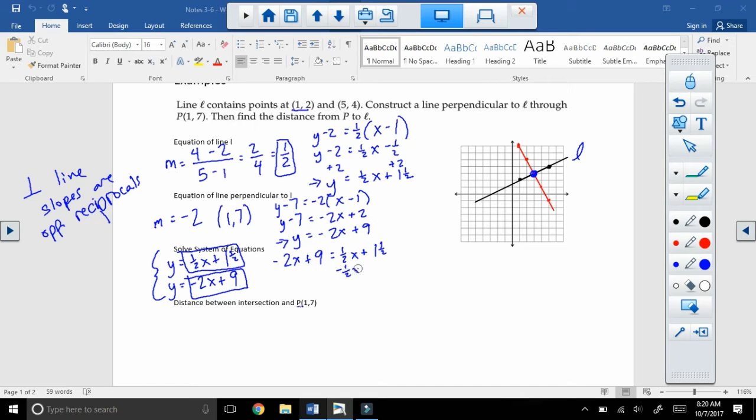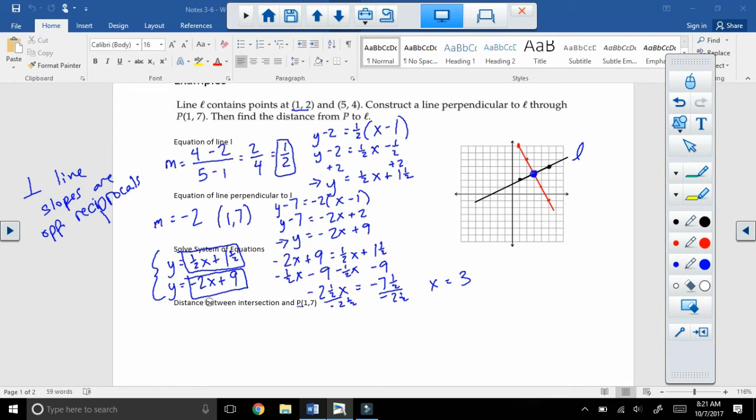And I'm going to finish solving this. Subtracting 9, so this is going to be -2.5x equals -7.5. And then when I divide each by -2.5, I get x to equal 3.